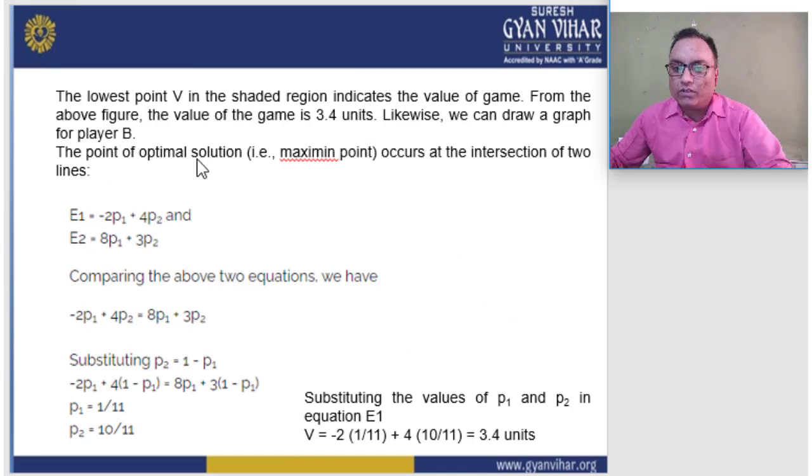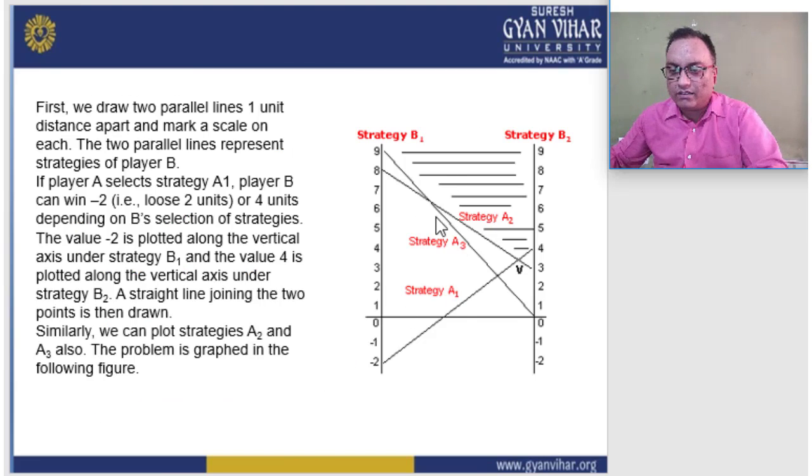we choose the lowest point V in the shaded region. The lowest point V in the shaded region indicates the value of the game from the above figure, meaning in this figure. This shows the value of the game is here.